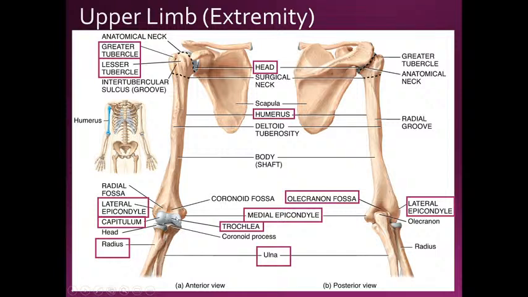The coronoid process is going to fit into a shallow depression right here called the coronoid fossa. When you extend your arm out, when you reach out, you're going to see there's an olecranon process here, and it fits into the olecranon fossa on the posterior side of the humerus.